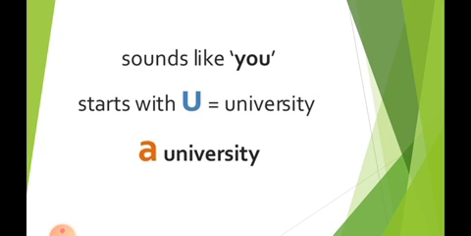It is not sounding as a vowel. Correct, no? Suppose union. There also we are pronouncing U as you only. So we have to write the article a before that word. So a union, a university, a union.